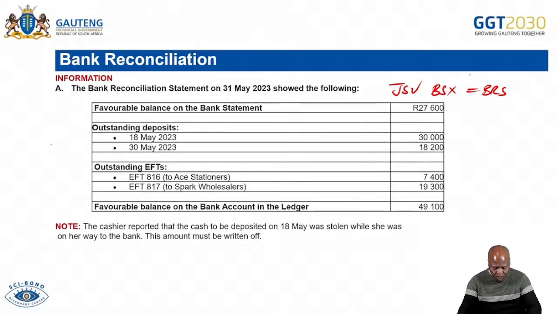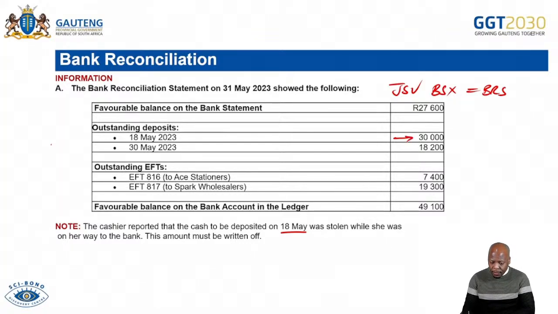We are told, the first one, that the cashier has reported that the cash to be deposited on the 18th of May was stolen. What do we do when the cash that was intended to be deposited is stolen? How much is that? We would know by looking in the previous bank reconciliation statement. And that was how much? 30,000.